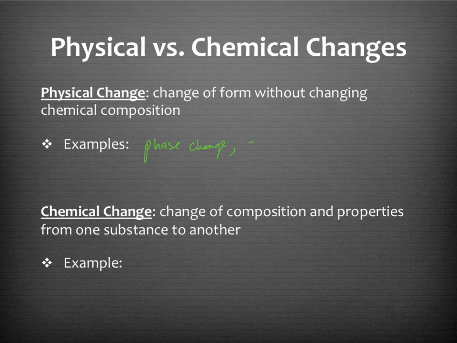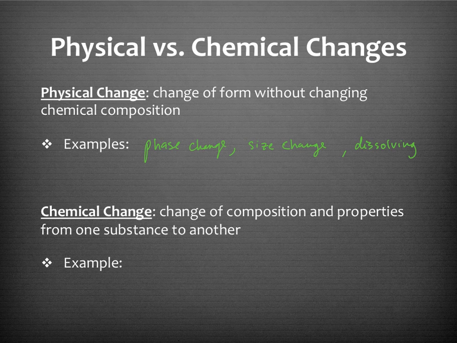You could also talk about size change. You could cut up ice, still the same substance, just different portions. And also dissolving. You could dissolve salt into water, still salt, but it will start to break down into its two ions.